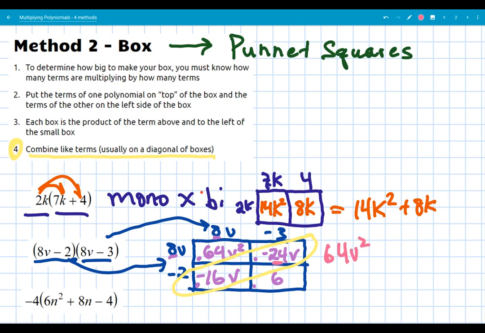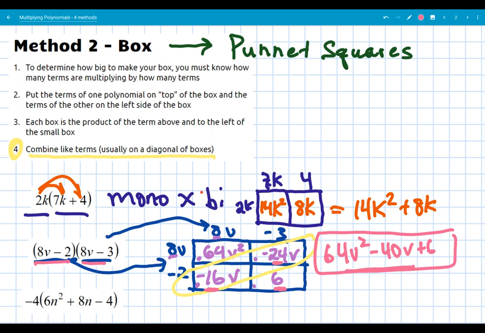Negative 24 plus negative 16, that's more negative, so negative 40. And then this box, positive 6. A binomial times a binomial gave me a trinomial. And that's very common. Doesn't have to be, but it's very common.